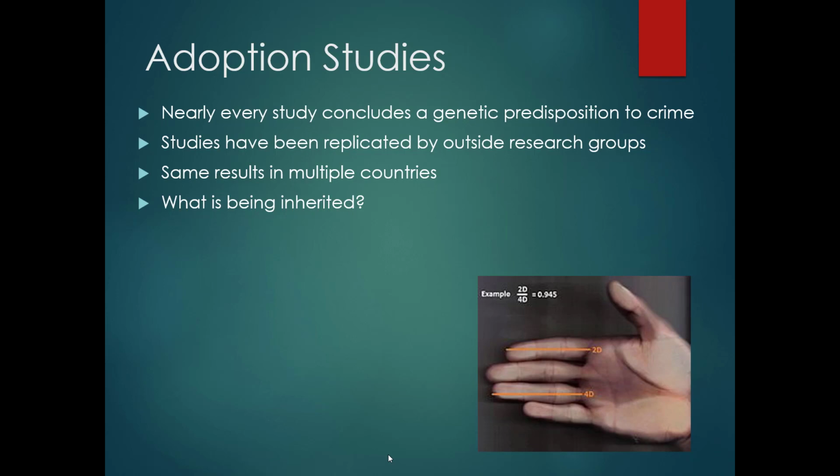And there's a new study that came out that was linking this quotient to aggressive adult behavior. So again, what is being inherited? Is it that some children get more testosterone exposure? This is females and males, resulting in this weird ratio, which predicts aggressive behavior, or is it something else?